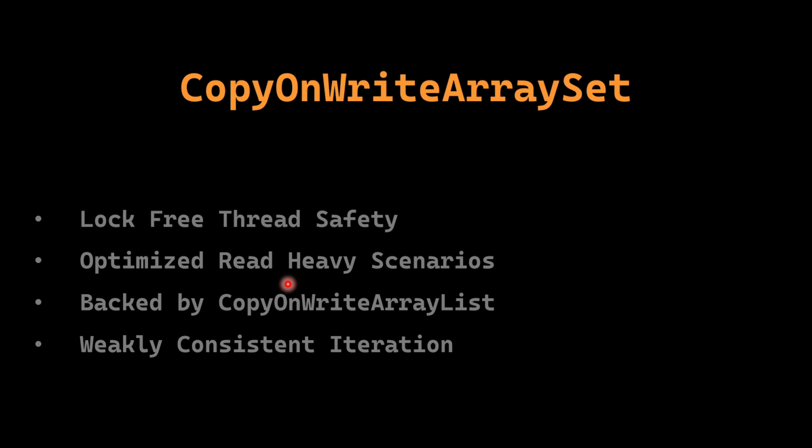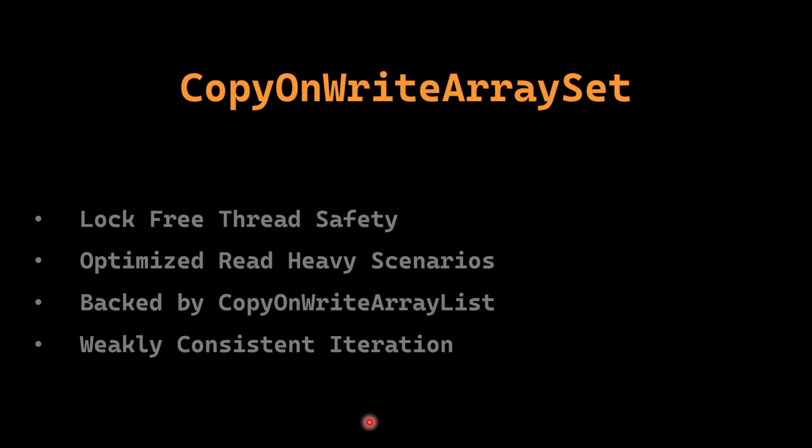It's backed by a CopyOnWriteArrayList and uses a copy-on-write strategy where modifications create a fresh copy of the underlying array. This design makes it ideal for observer patterns, listener registries, and configuration sets that are read frequently but changed rarely. Let's examine its unique internal design.